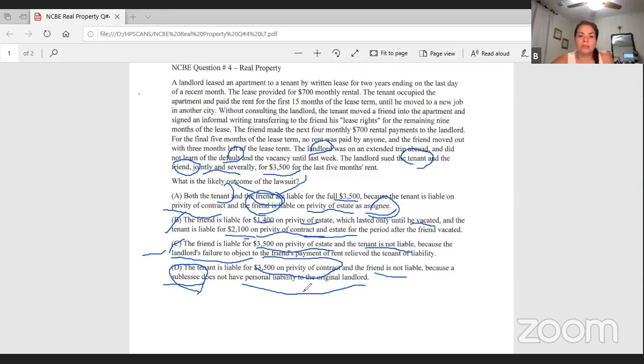Why? Is it privity of estate? Yeah. So the tenant is liable for everything, and the friend isn't liable for anything because a sublessee is not personally liable. No. So you know that's wrong right there. Now I know the answer. It's A, and we haven't even read the facts. Don't smile too quick. The bar examiner's gonna come down to see me.